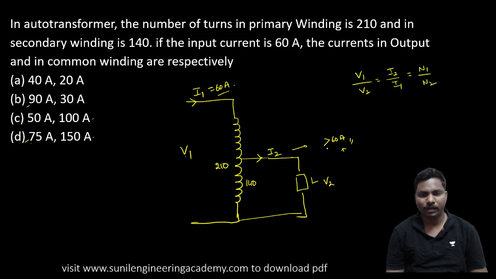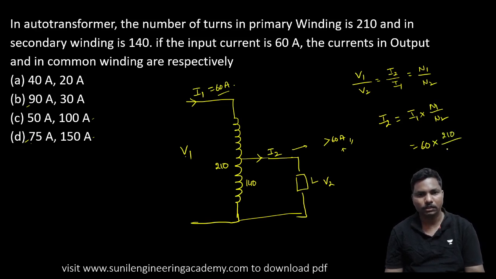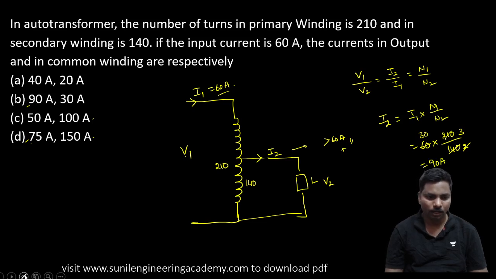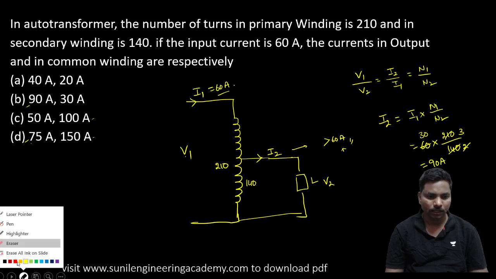So if we want I2, I2 is equal to I1 into N1 by N2. I1 is nothing but the primary current, 60, N1 by N2 is 210 by 140. So that is 90 amps. All of you getting this? It is 90 amps.